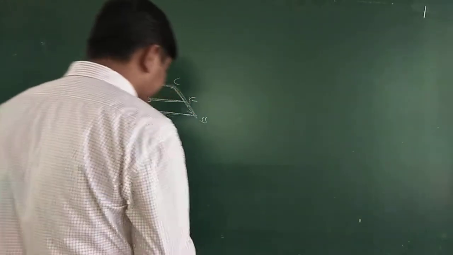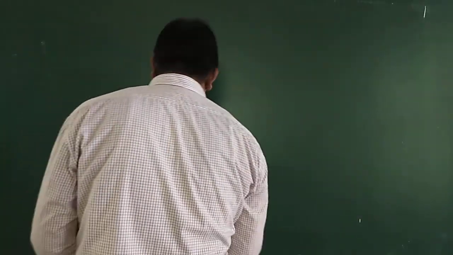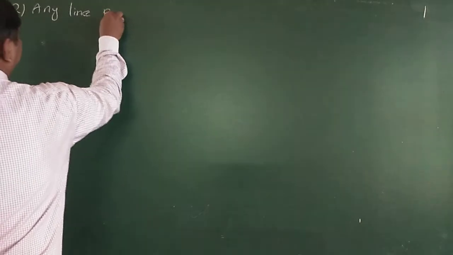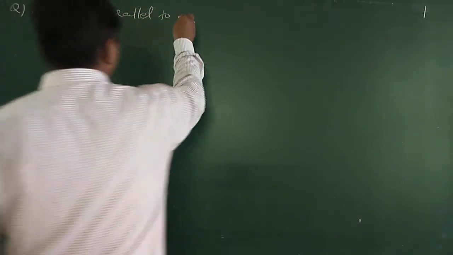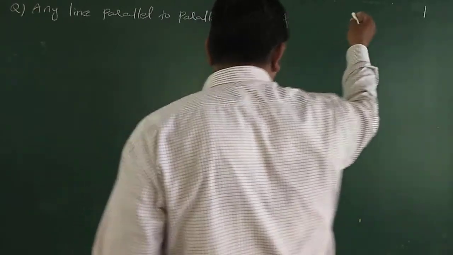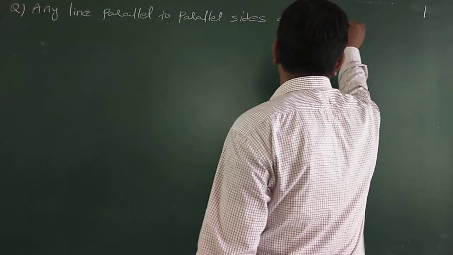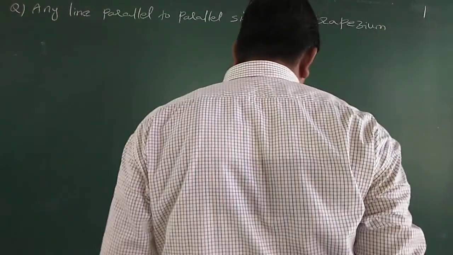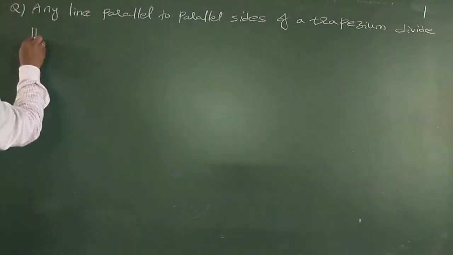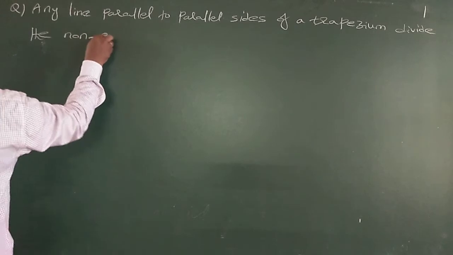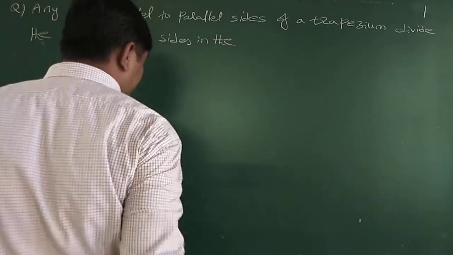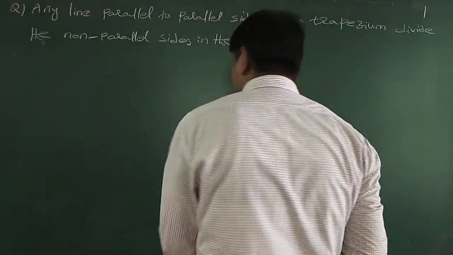That I am going to prove now. The question is: any line parallel to the parallel sides of a trapezium divides the non-parallel sides in the same ratio, means in proportion.